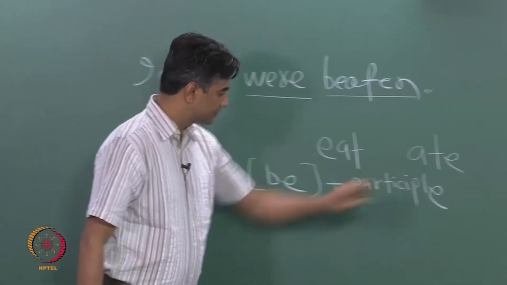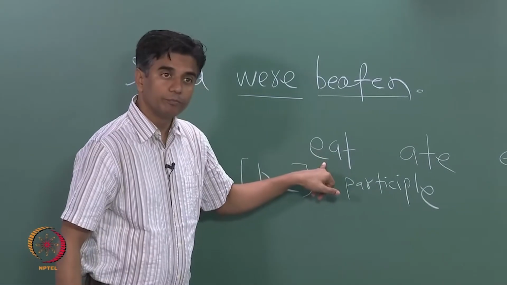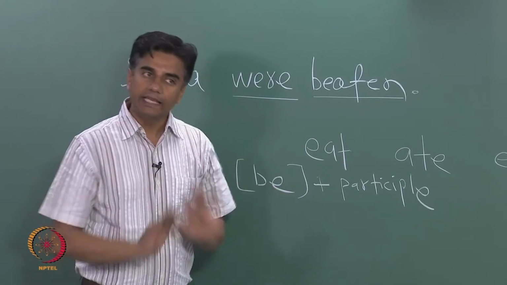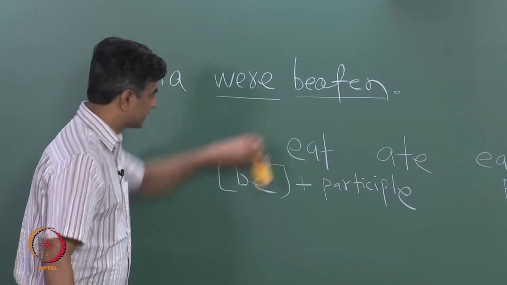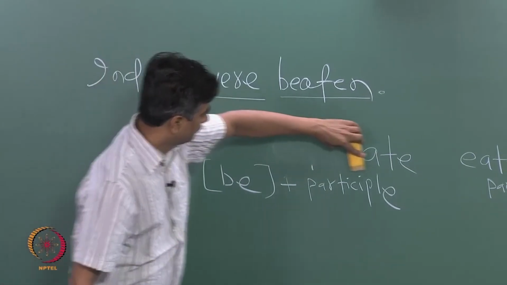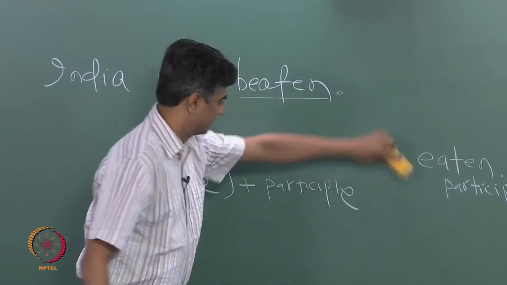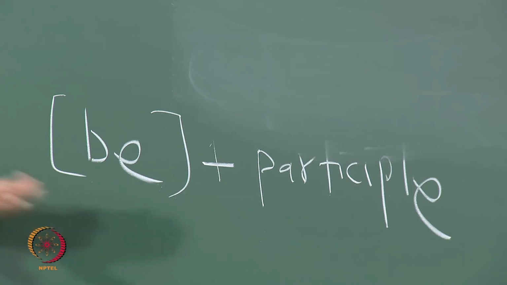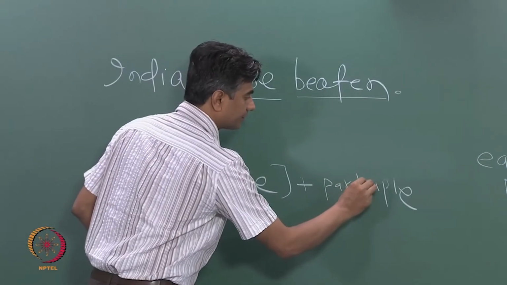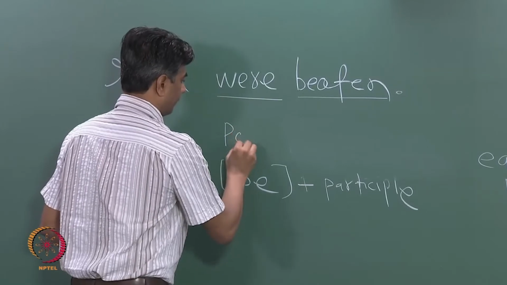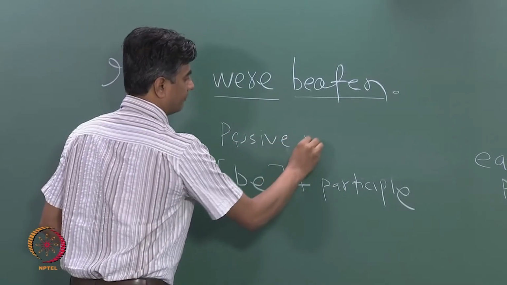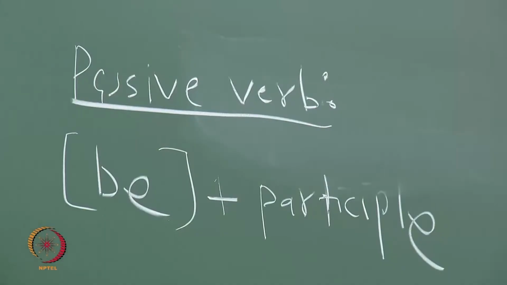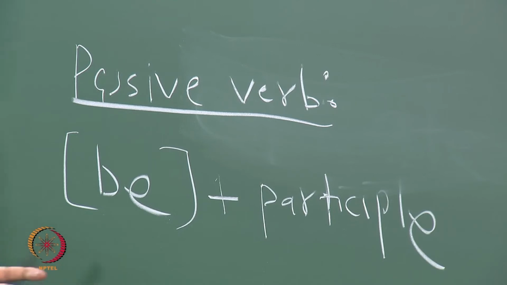We never use simple form or past form here. In any kind of passive, we never use this. Let me delete this now, just so that we have clarity. So this is our past. This is why we can say either passive verbs, passive verb form, or passive morphology on the verb.